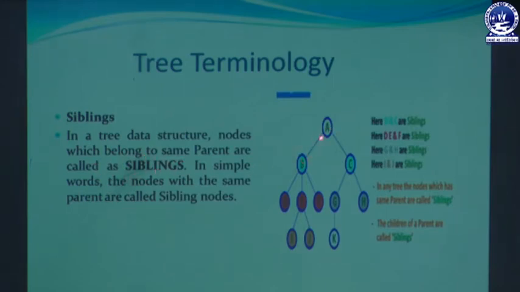You can see here the B and C nodes belong to node A, so B and C are sibling nodes because they belong to the same parent node, A. Here D, E, F are also sibling nodes because these child nodes belong to one parent node, B. In the same way, in any tree the nodes which have the same parent are called siblings, and the children of a parent are called sibling nodes.